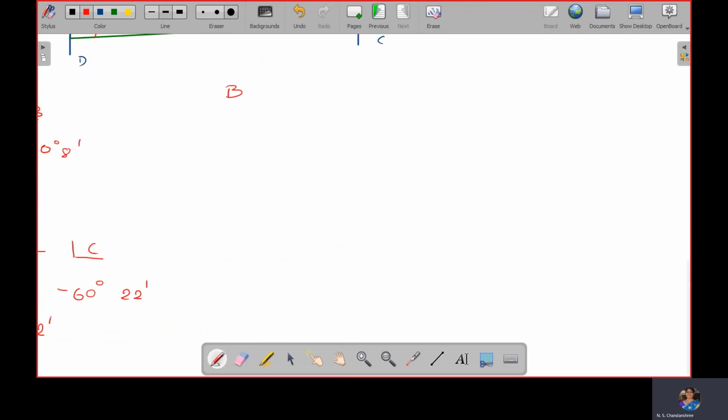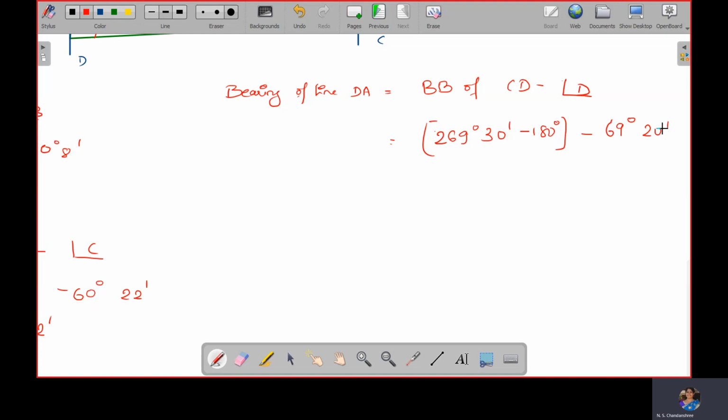Next, last line is bearing of line DA. Here, bearing of line DA is back bearing of CD minus angle D. Back bearing of line CD is, for bearing is 269 degrees 30 minutes, which we just calculated, minus 180 degrees, minus angle D, which is 69 degrees 20 minutes.